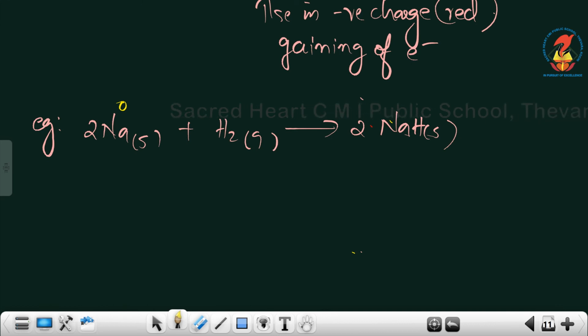H2 gas means, so here also hydrogen is in the molecular state, so the charge is 0. Now what happens, we know that in NaH sodium exists as +1 and hydrogen as -1. NaH means it is sodium hydride.